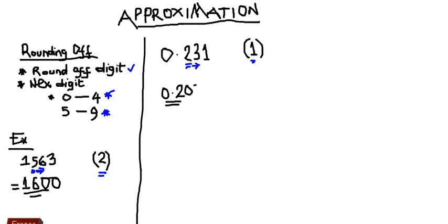So if we were to replace the 3 and the 1 with zeros, it means this number will still have 3 significant figures as it is in the original question. So because of that principle, we are going to disregard the 3 and the 1 and keep the decimal number as 0.2, correct to one significant figure. And this is the principle that applies when we want to round off.